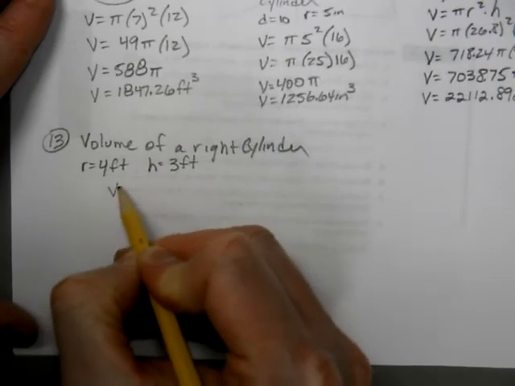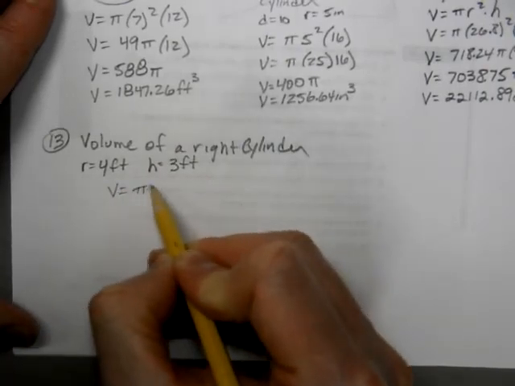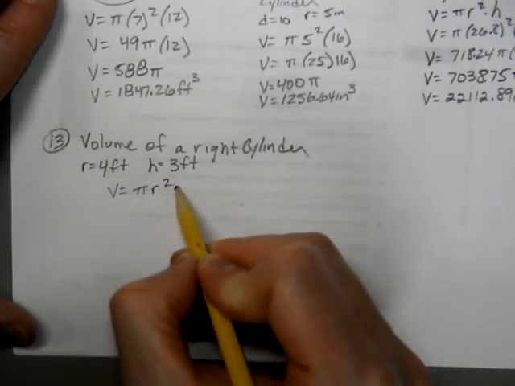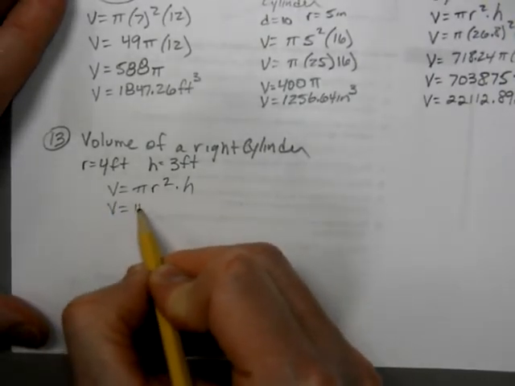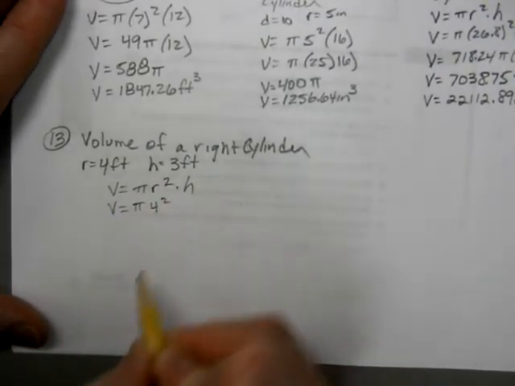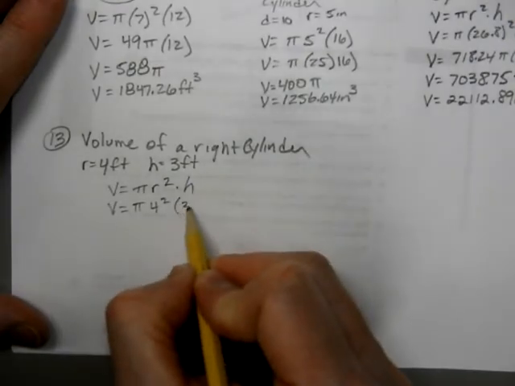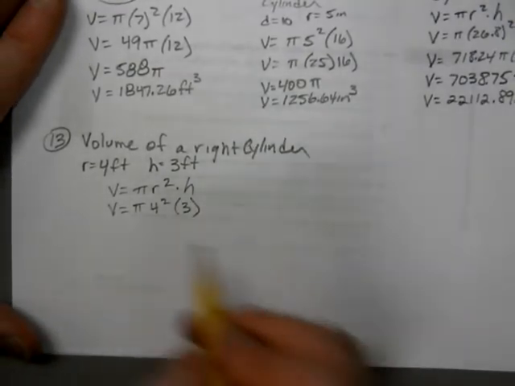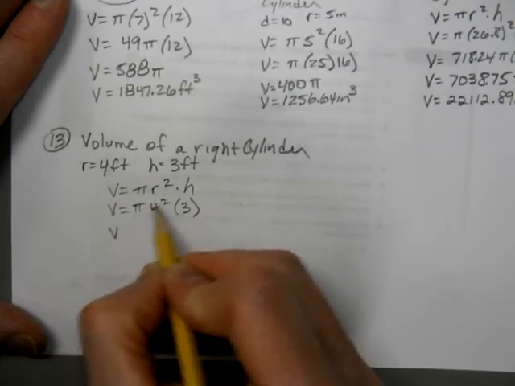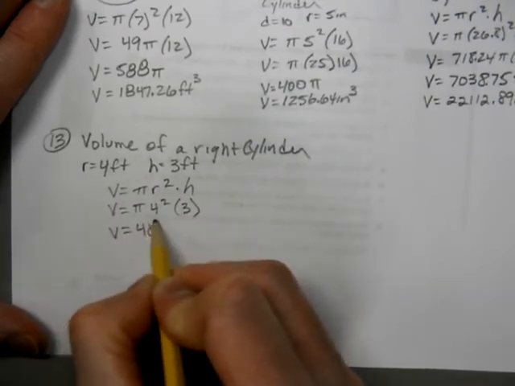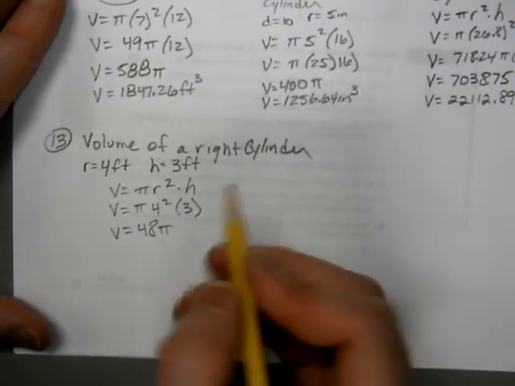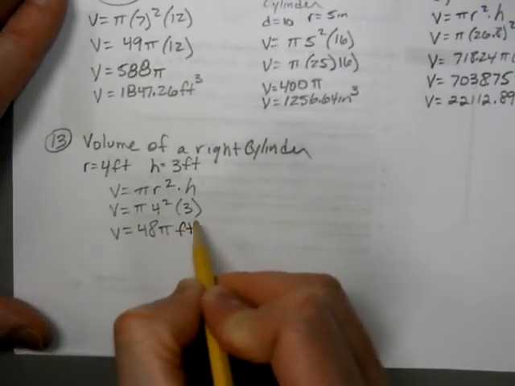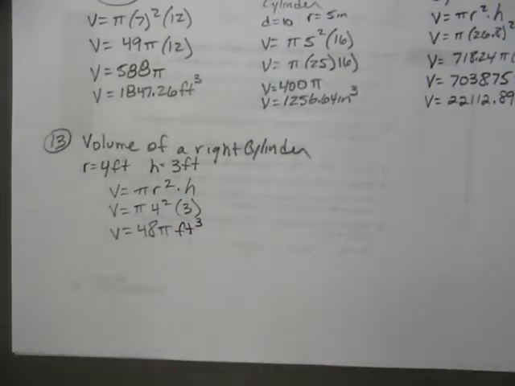So when we calculate this, we want to be sure to use pi r squared times h. The r is supposed to be 4 and the height 3. So we're going to get 16 times 3, which is 48 pi. And these units are feet cubed.